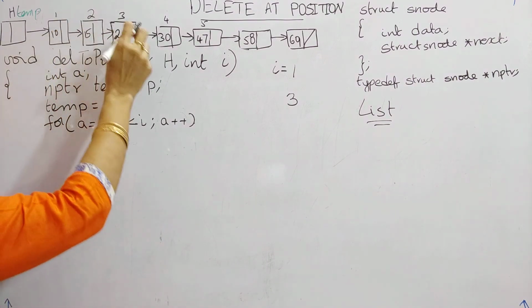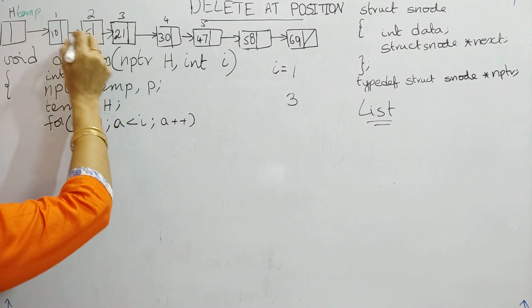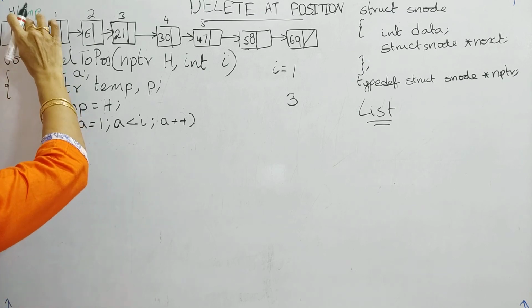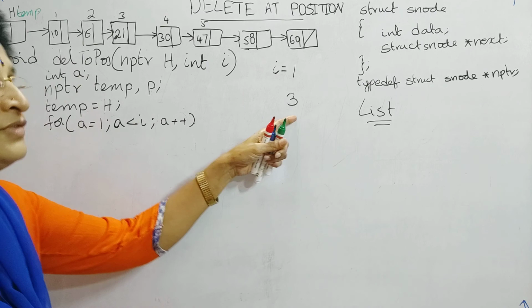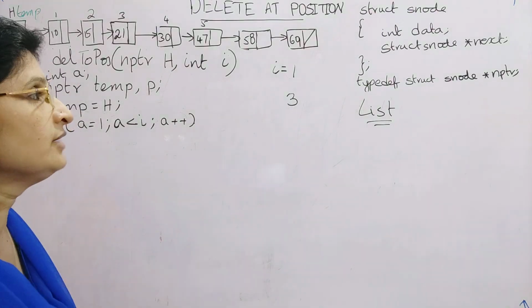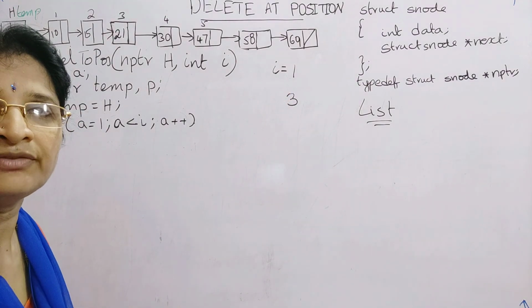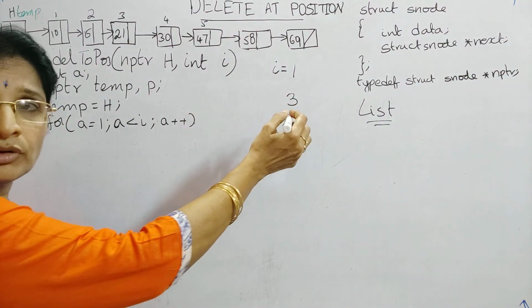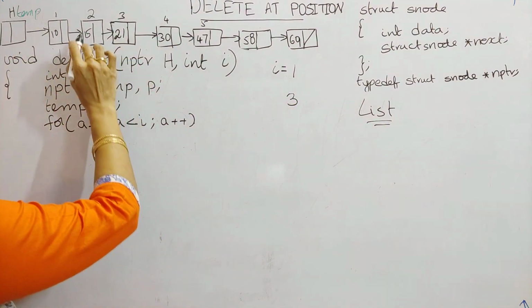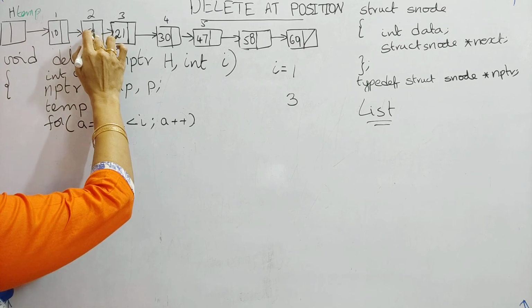Okay. So now what we can do? We can start the pointer from here, and how many times do we have to move? Suppose the value of I is 3, then we have to move it up to 2 positions. So then the temp will be placed at location 2.